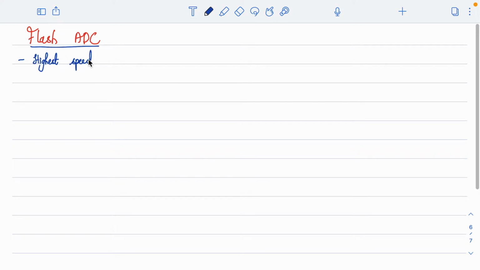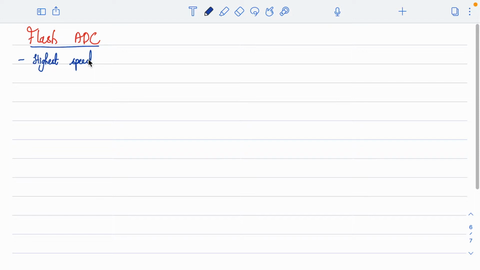In contrast to the other types of ADCs, here we use a string of resistors, as in a resistor string DAC, and we also use comparators to perform a comparison per quantization level. We will quickly look at the architecture and how it works, in sequence.